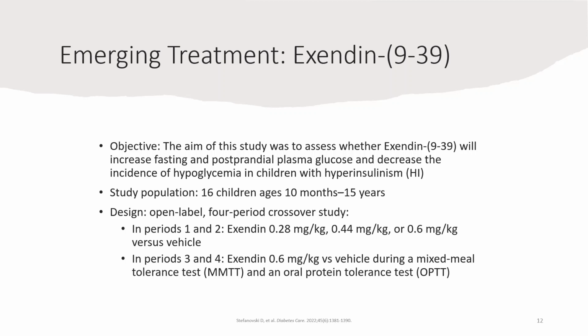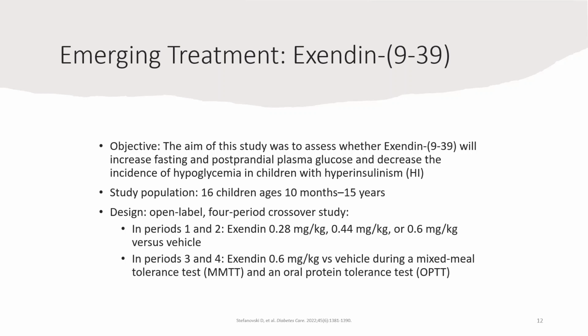The study population included 16 children who were all diagnosed with CHI, aged 10 months to 15 years, and this was an open-label 4-period crossover study. In periods 1 and 2, Exendin was given at 3 different strengths, 0.28, 0.44, and 0.6 mg per kilo versus vehicle, and the vehicle was just an NS infusion.